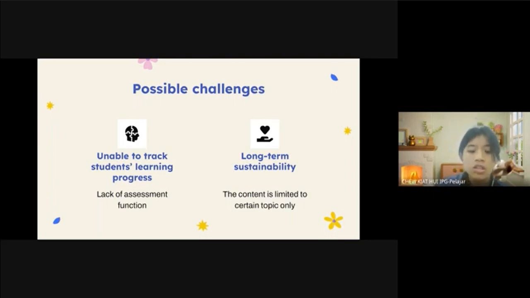As we look into the long-term use perspective, it needs potential updates, expansion, and adaptation, which means the content is limited, specific to the topic of food only. It can just be used for a certain topic, and it's not really effective for the whole English learning process.